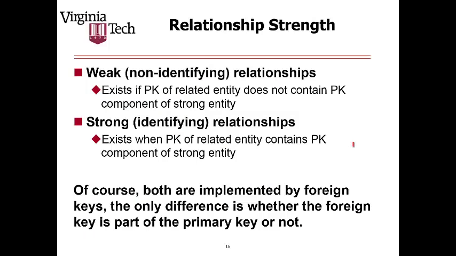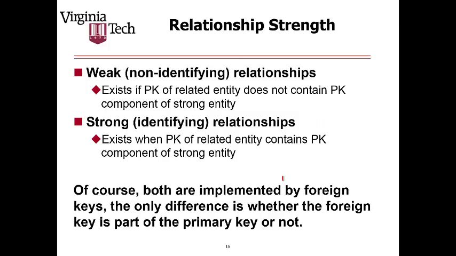So a weak relationship means that you're not identifying the strong entity. What you could do is make the primary key of the strong entity a foreign key in the weak entity, and that's what it means if it's weak. But if you take that foreign key and make it part of the primary key of the weak entity, now you are identifying the instance of the strong entity associated with this instance of the weak entity.